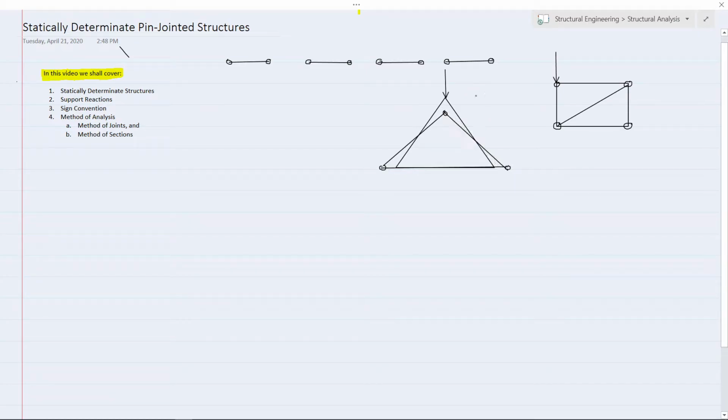Right? Even though there will be some deformation, this will be in a stable position.